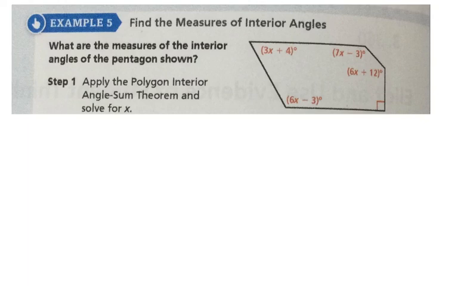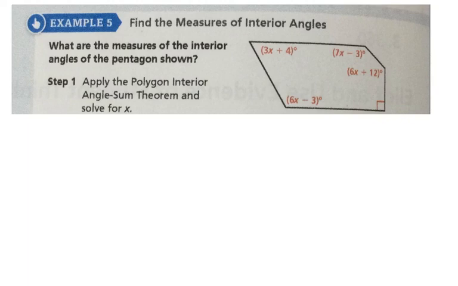So since this is a pentagon, it has how many sides? 5 sides. So the first thing I need to do is figure out how many degrees are in a pentagon. How many degrees are in a 5-sided figure?